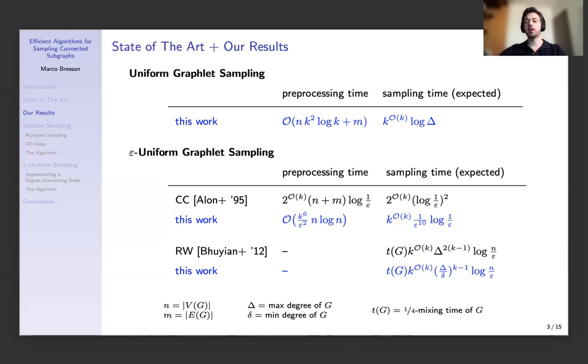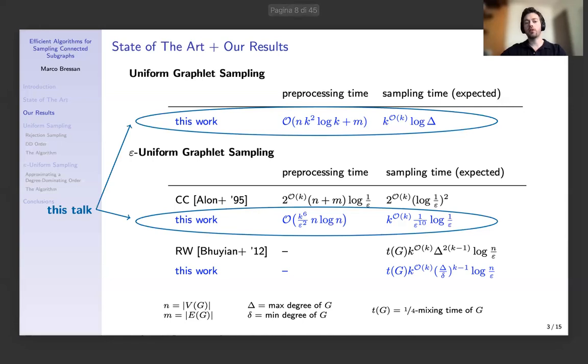Which means that basically the random walk performed by this technique, which is a random walk not on G, but on subsets of G, can be thought of as the original random walk on G slowed down by a factor equal to the ratio between the max and min degree of G to the power of k-1.